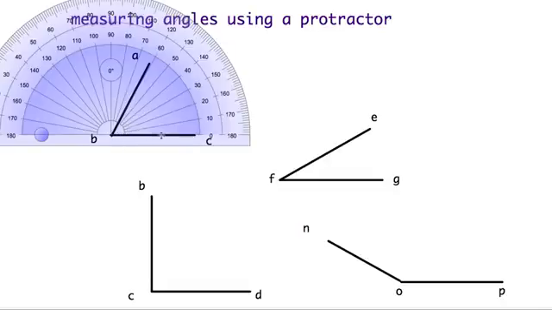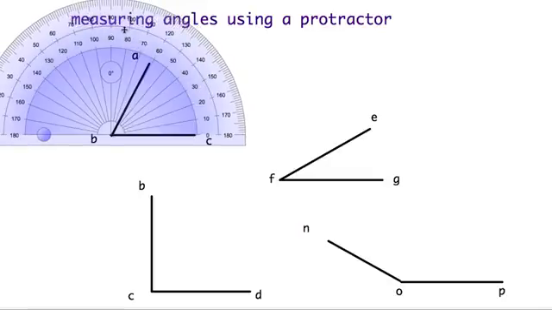My base angle is right here going horizontally on the 0. I look up and I think, wow, is this as big as 90? It isn't. It's an acute angle, so then I'm going to use the inside track. It is less. Here is where I'm going to see, and it's about 61 degrees. Moving on to the next angle.